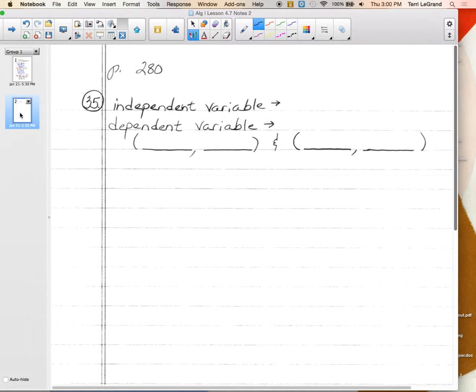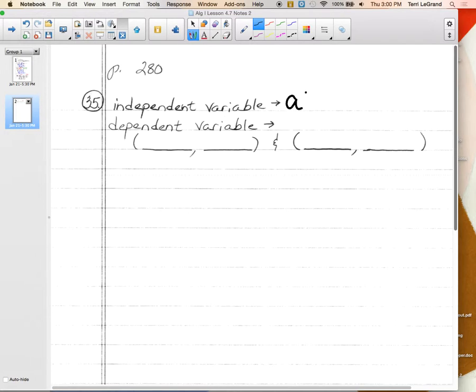The dependent variable ends up because of what happens with x. So what do you think should be the independent variable, Nick? Altitude. What's it measured in? Feet. So how high up it is controls what then? What's the dependent variable? The boiling point, temperature in degrees Fahrenheit.